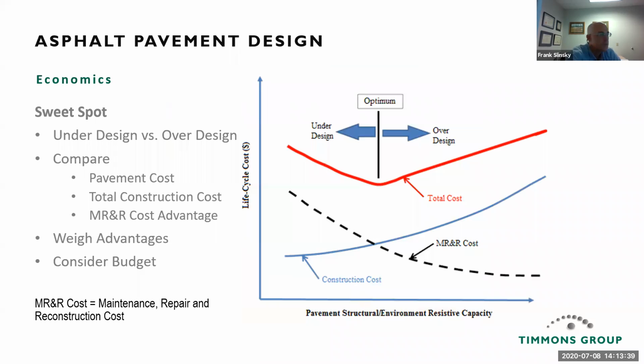Asphalt pavement design also involves economics. You find the sweet spot between under design and over design. You compare your pavement cost, total construction cost, and maintenance, repair, and reconstruction cost. You weigh the advantages and you consider the budget.